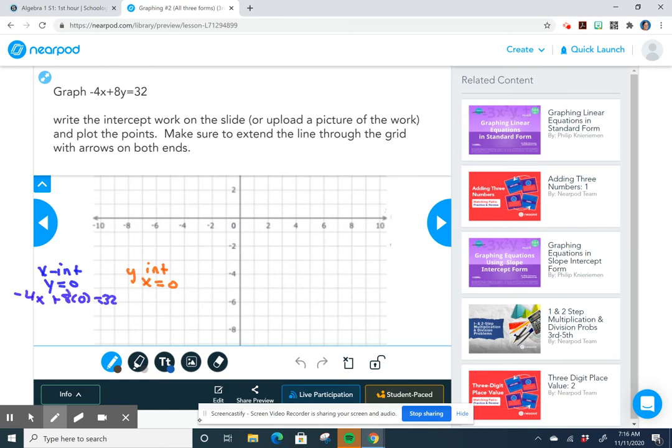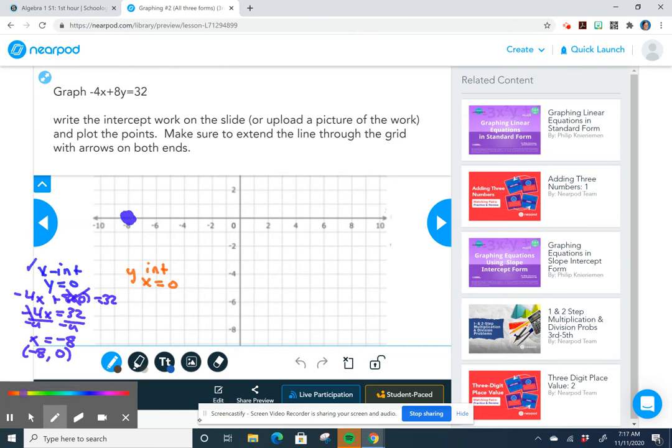The whole reason 8 times 0 goes away. Now we're left with a one step. So x, 32 divided by negative 4 is negative 8. Remember that this is an ordered pair, negative 8 comma 0. So I'm going to plot that point on negative 8 comma 0, which is the x-intercept because it falls on the x-axis.